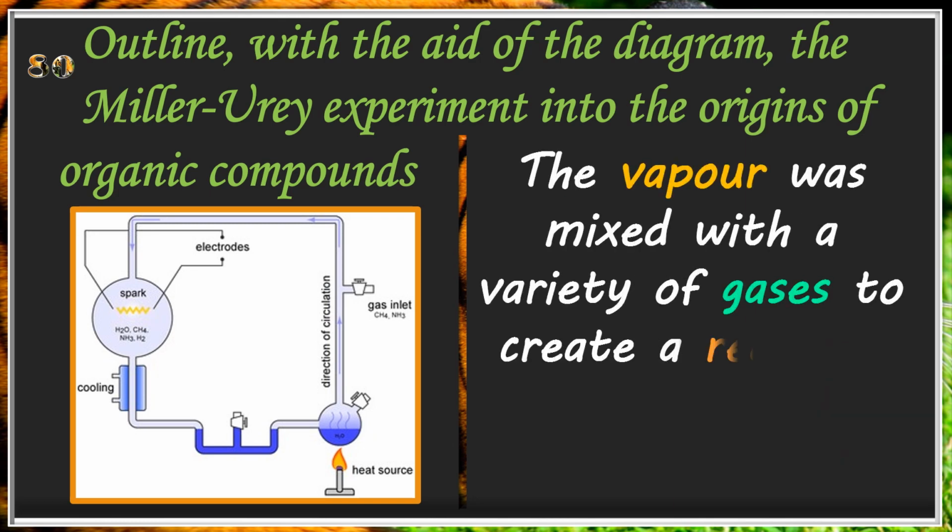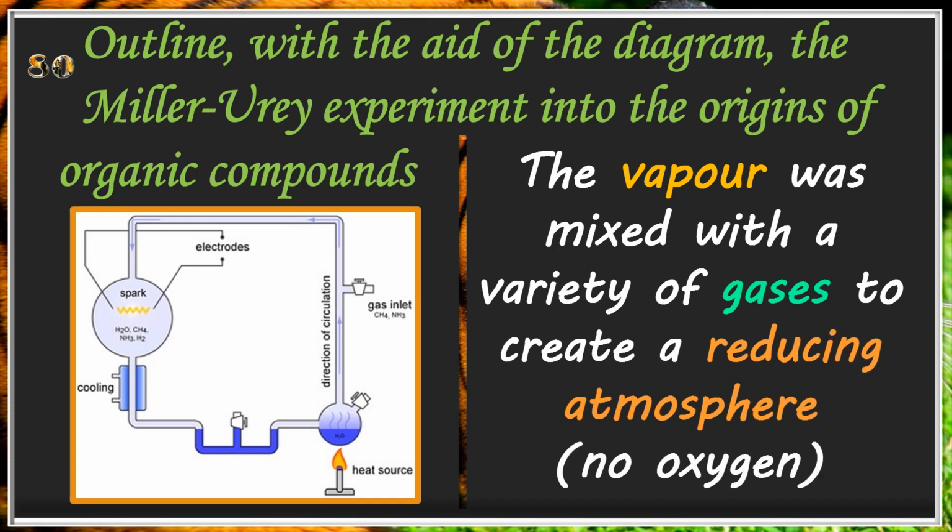The vapor was mixed with a variety of gases to create a reducing atmosphere where there is no oxygen.